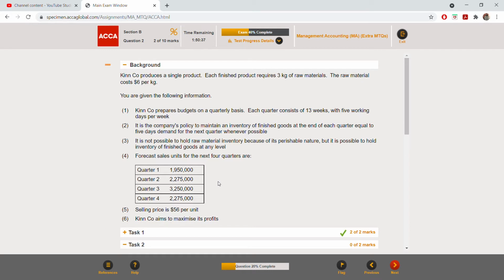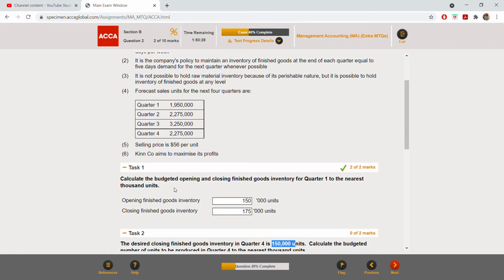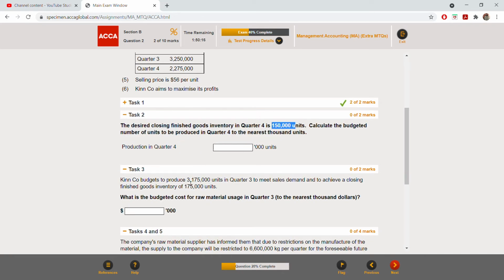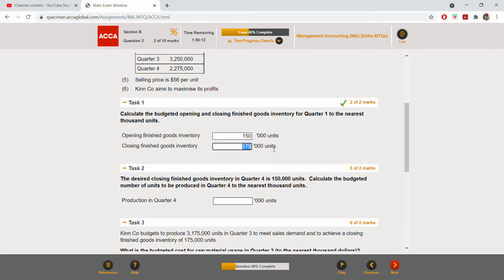So that's why if you see task 1, just look at task 1, 175 for quarter 1.